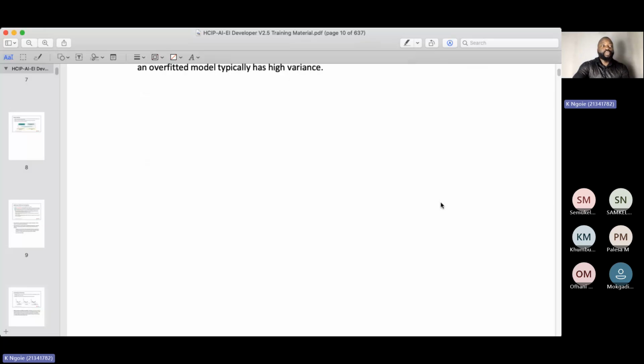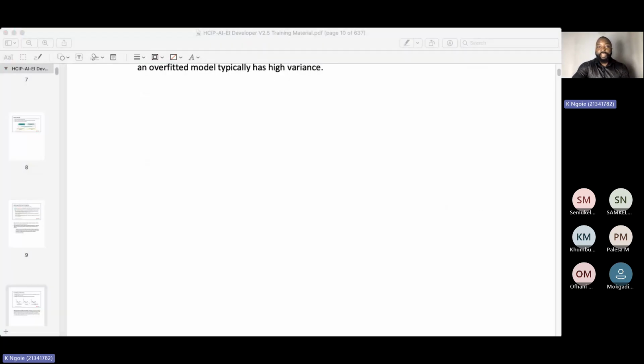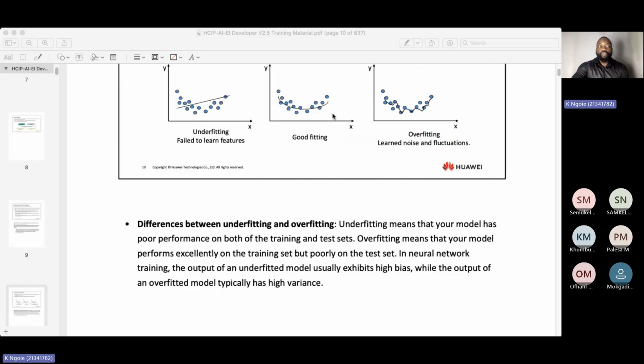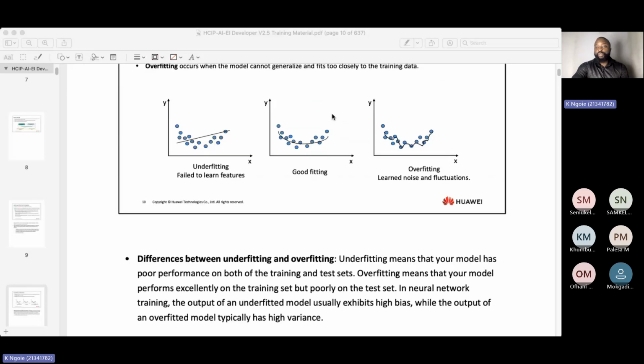That's the difference between overfitting and underfitting. To break it down, underfitting happens when the model is too simple to learn the pattern, and overfitting is when the model is too complex and learns not only the pattern, but also noise from the training data.